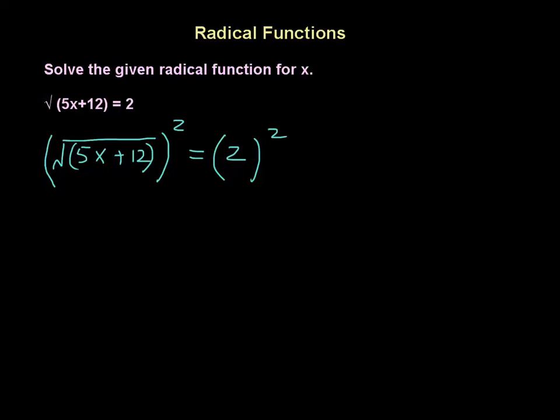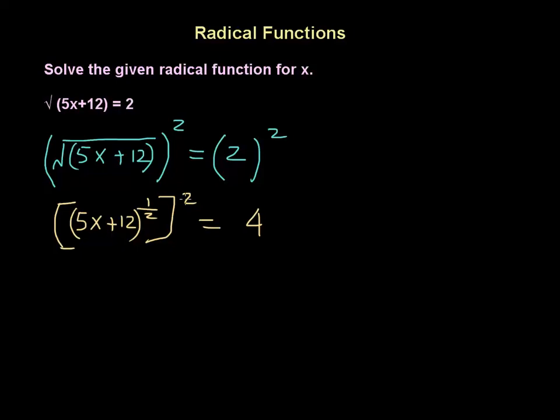So what happens next? You can simply rewrite this as (5x plus 12) in brackets to the power 1 upon 2, all to the power 2, equal to 2 squared, which is 4, right?